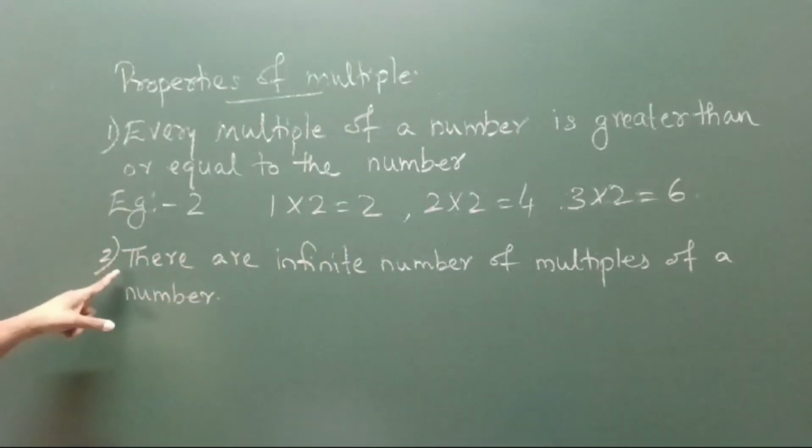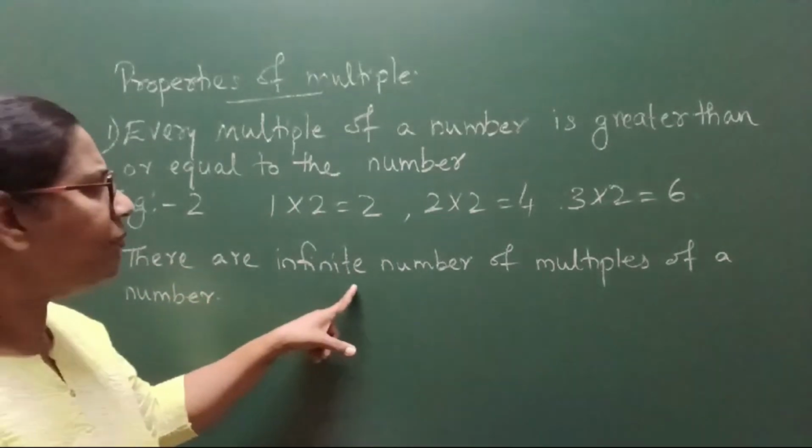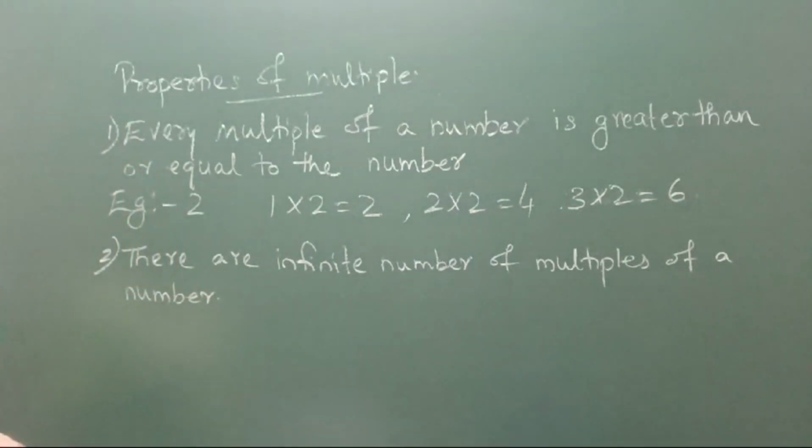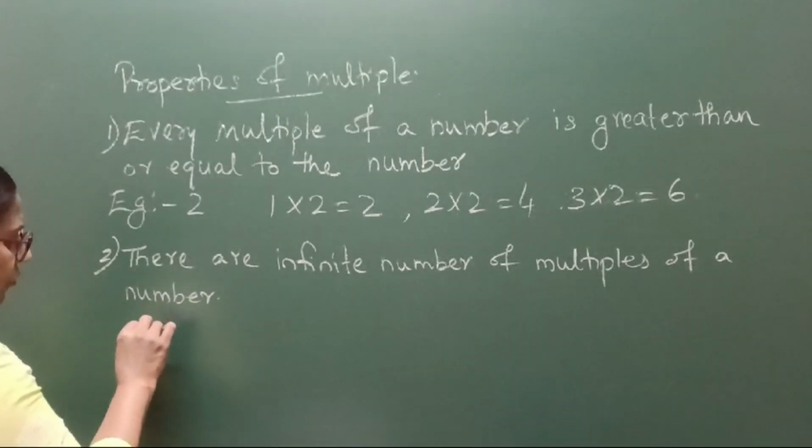Next, the second property says there are an infinite number of multiples of a number. Example, multiples of 6.